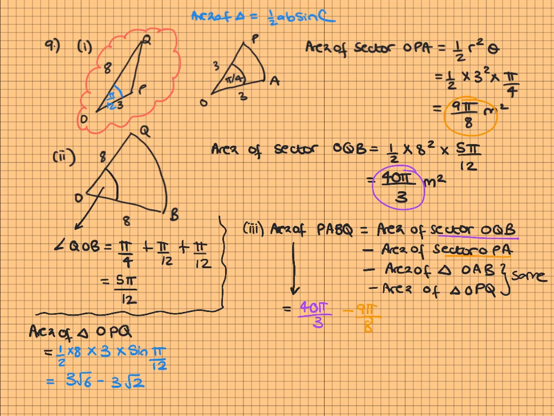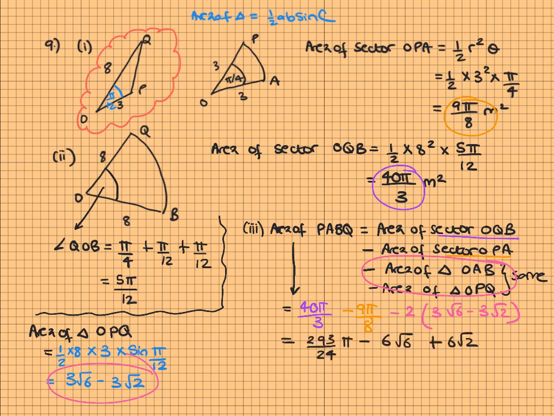And then for this last part, we want to make sure that we subtract 2 of these because both triangles are identical, so we want 3 root 6 minus 3 root 2. So this gives us a final answer for the area as this value over here.